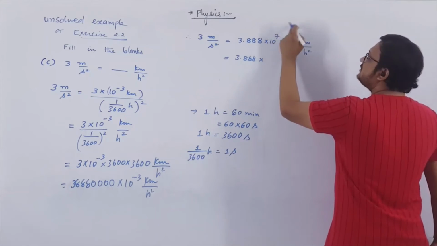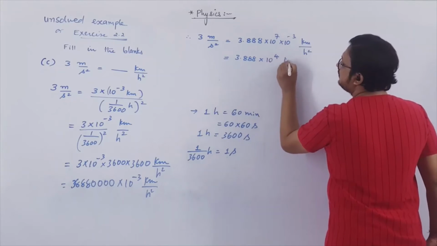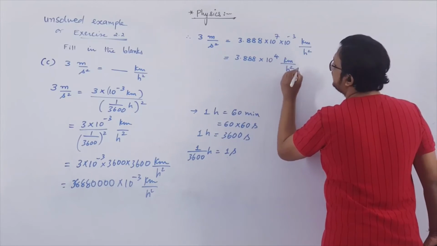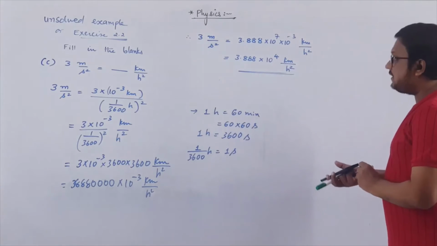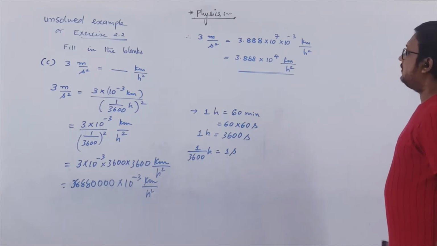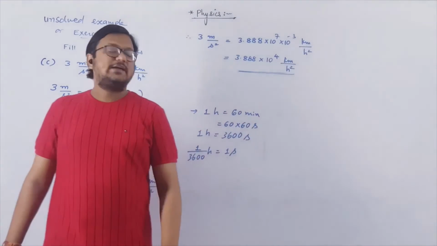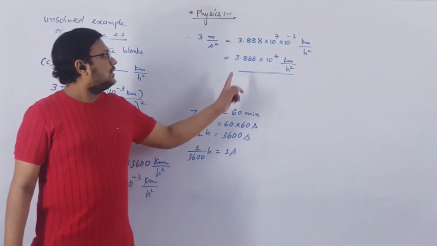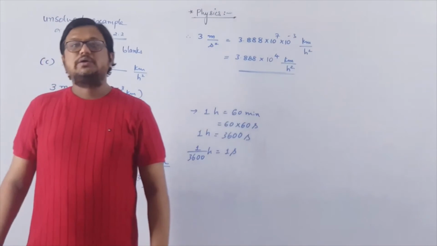So 7 plus minus 3 will be 10 raised to 7 minus 3, that is 4, kilometer per hour square. This will be your answer. So if we convert 3 meter per second square into kilometer per hour square, our answer will be 3.888 into 10 raised to 4 kilometer per hour square.